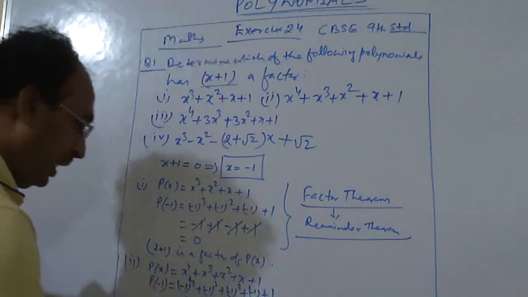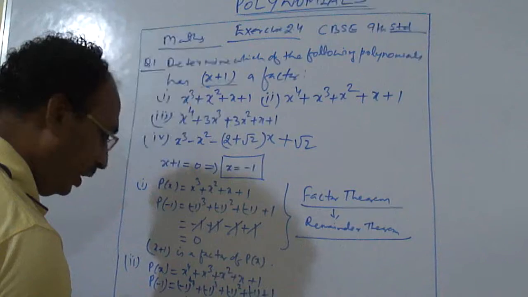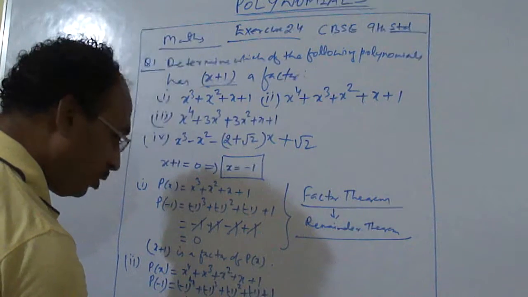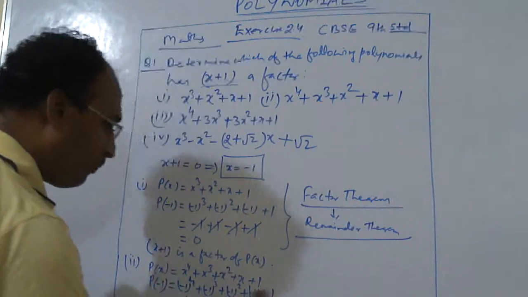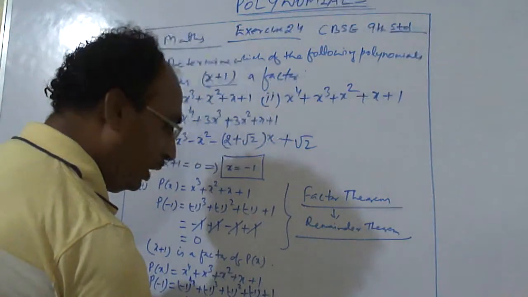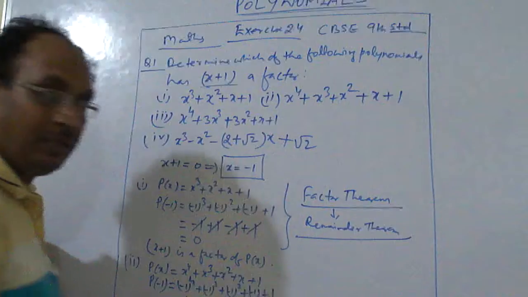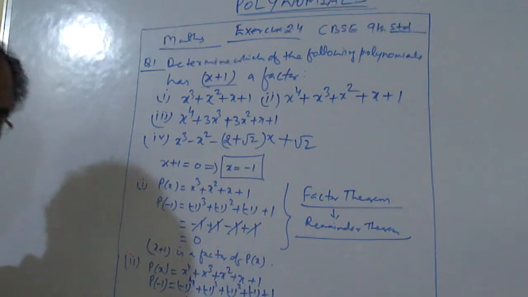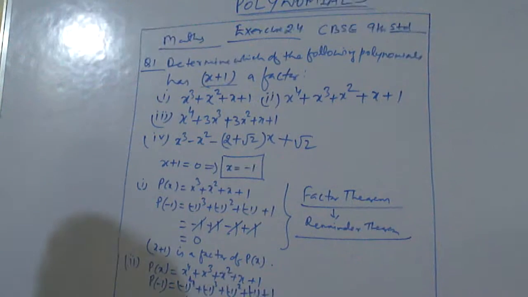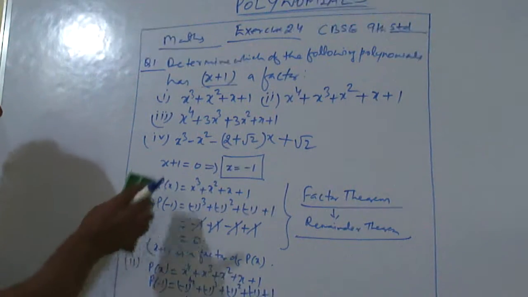So we will write: x plus 1 is not a factor of this polynomial p(x). Understood? Yes or no? Okay, right. So just note it down. We will solve another two also. Noted? Okay, right, very good.